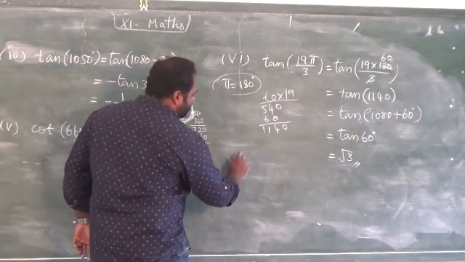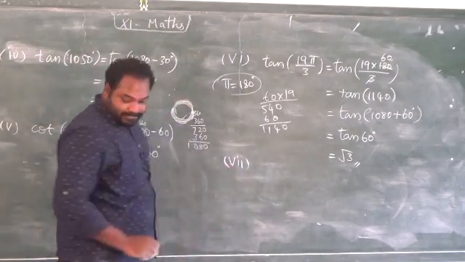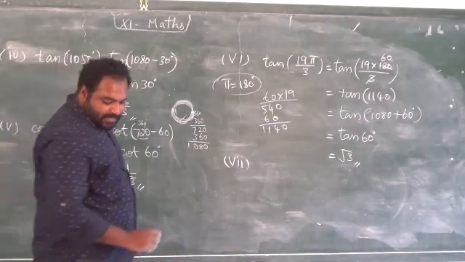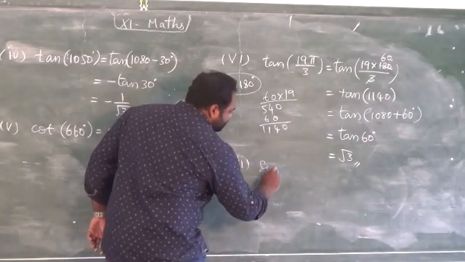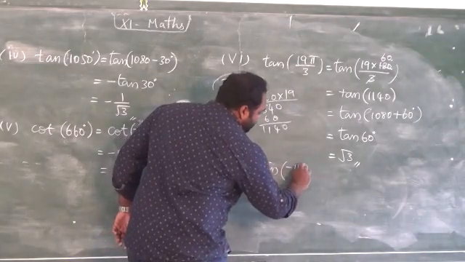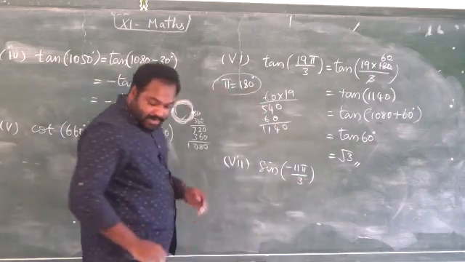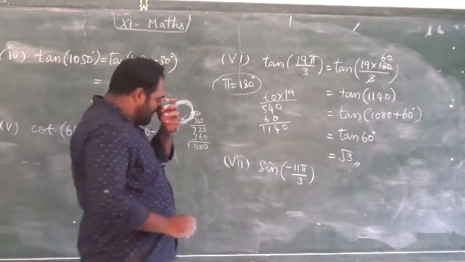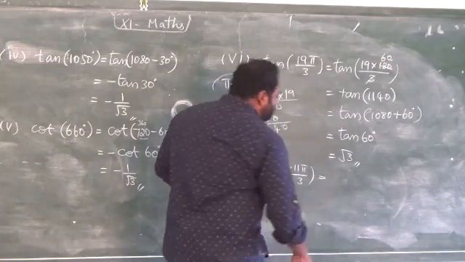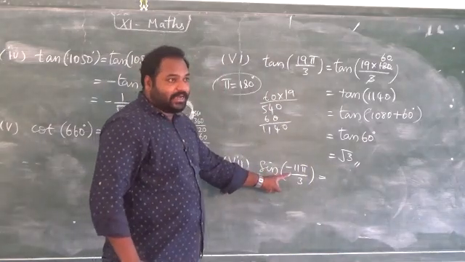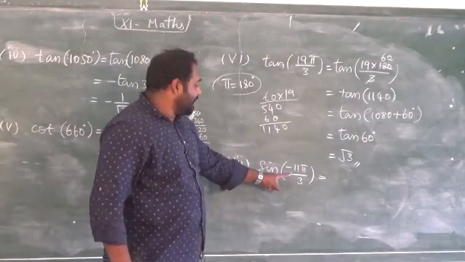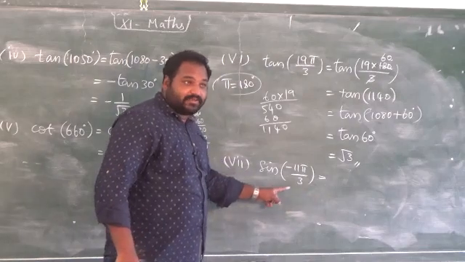Next, problem number 7, sine of minus 11 pi by 3. I told you already, you have to be very careful when you have a negative value in the place of theta.